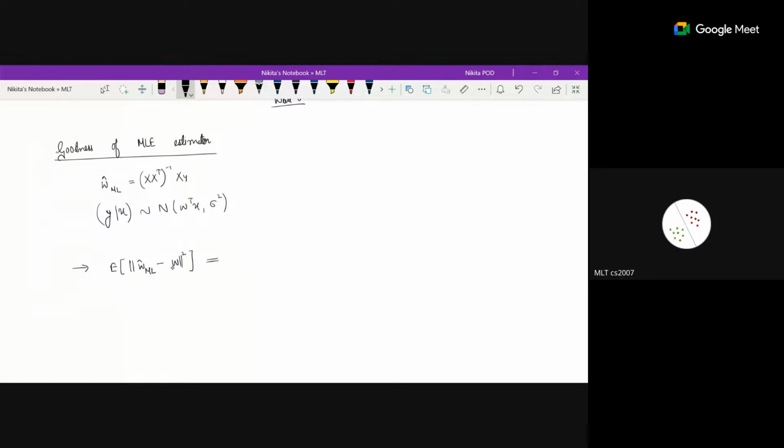When we solve this problem, we find that this expectation, which we are trying to find to check the goodness of W hat ML in estimating my W, comes out to be sigma square times the trace of (X X transpose) inverse.